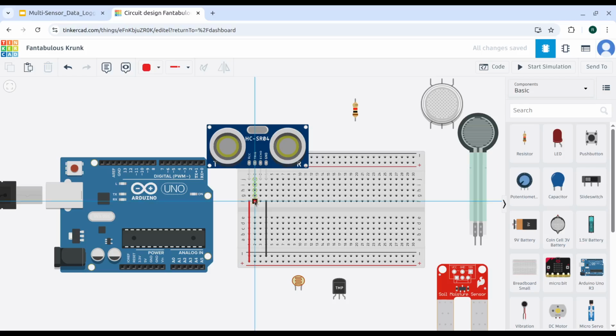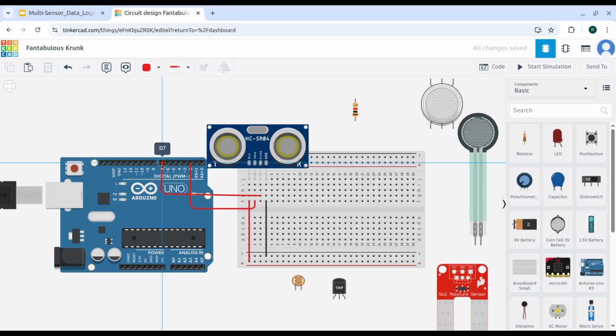Then the trig pin. Here I am connecting the trig pin to the digital pins. This pin I am connecting to pin number 2. Then the echo pin I am connecting to pin number 7.